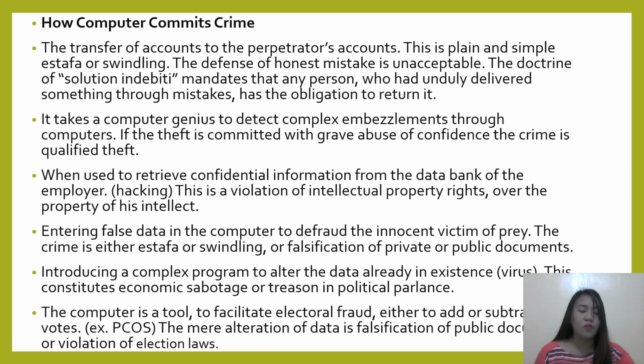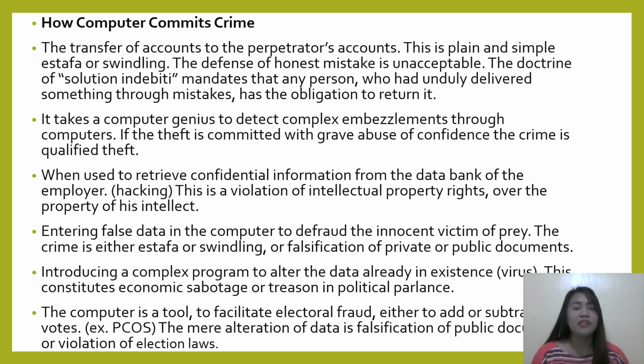Under PD 1689, it is punishable from life imprisonment to death if committed by a syndicate of five or more persons with an intention of illegal act or transaction.